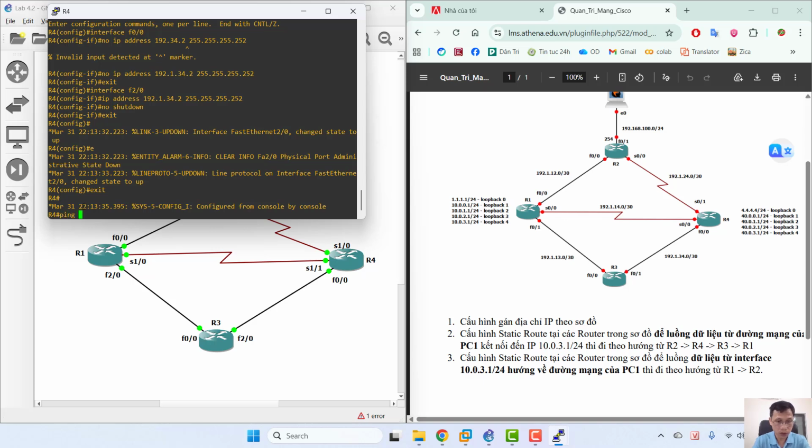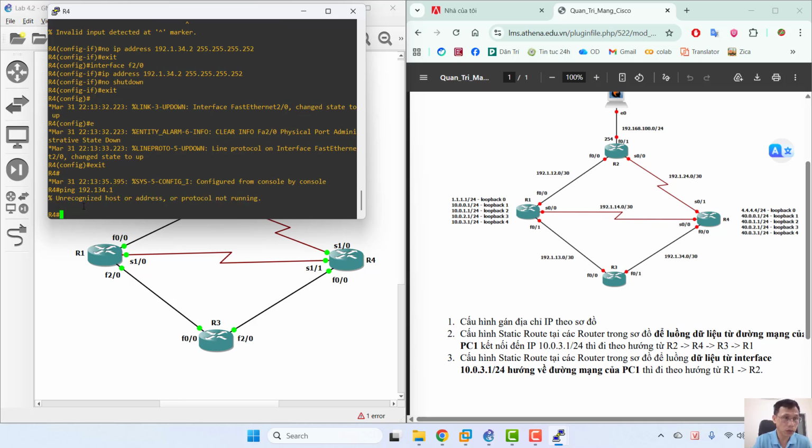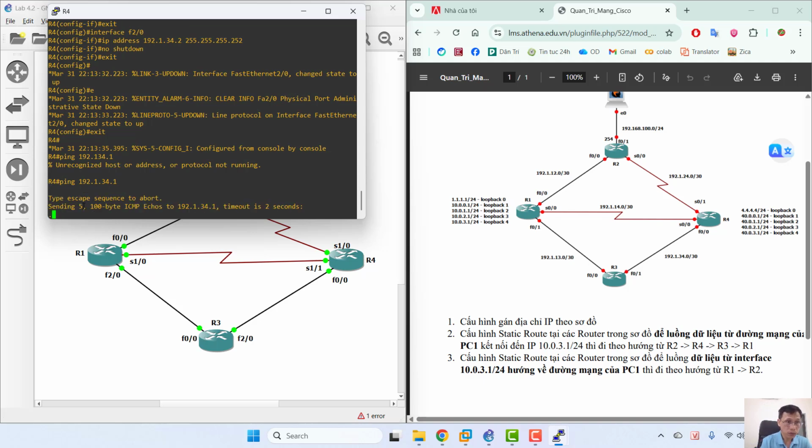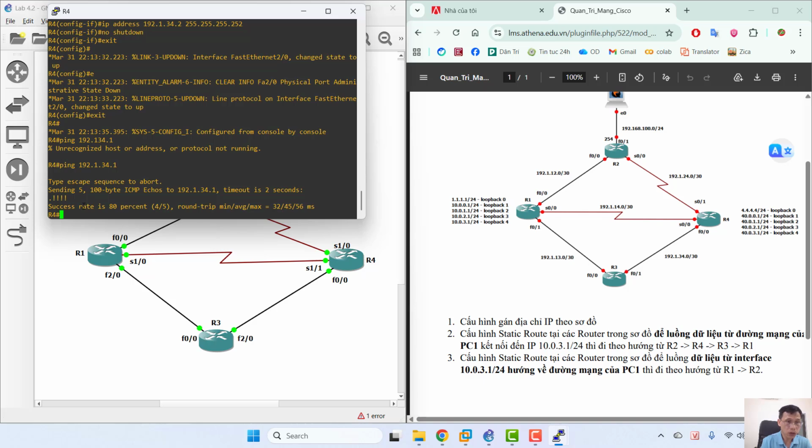Okay, ping 1.2.1.34.1. Ping 1.2.1.34.1. Okay, good.